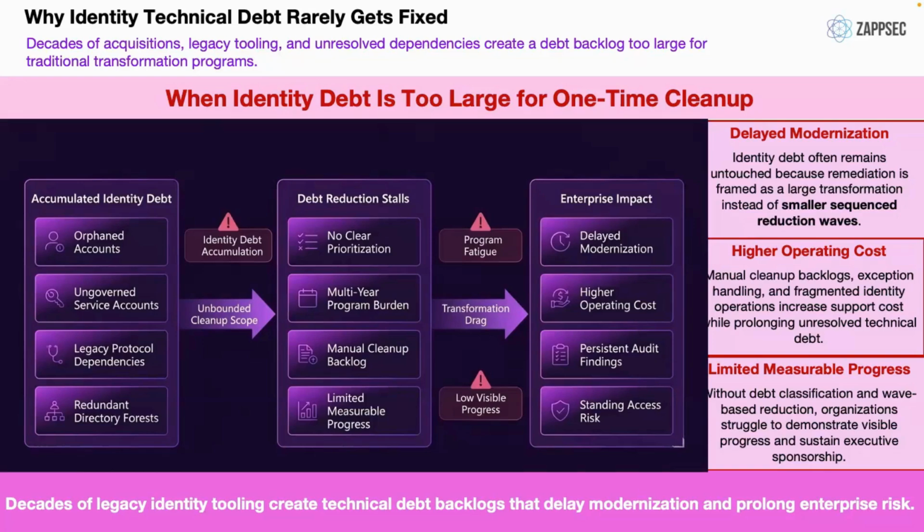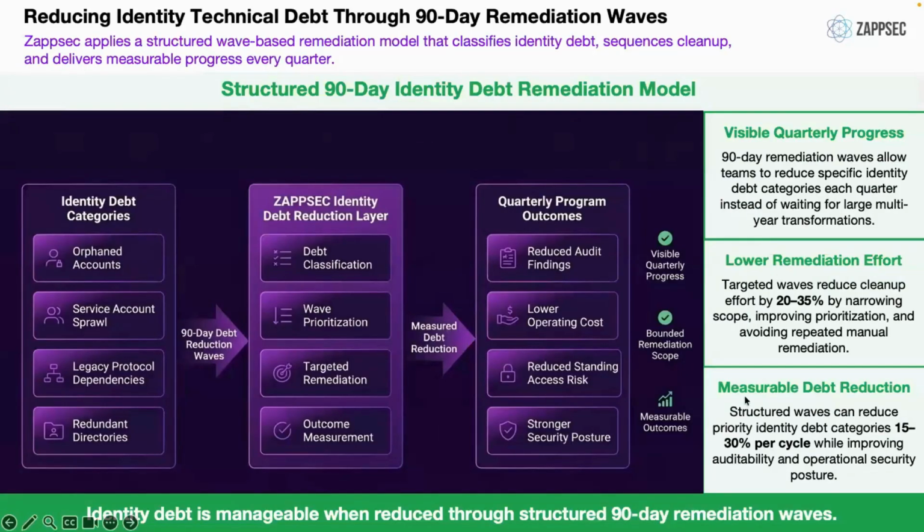Oh, that sounds awesome. Walk me through how that works, the waves. So wave one might target orphan accounts, for example. We'd identify them, validate that there are no active owners, and then remove them. The measurable outcome would be reduced standing access, fewer audit findings, lower license costs for unused seats, while wave two could address ungoverned service accounts, where we would map them to owners, assign lifecycle governance, and rotate credentials.